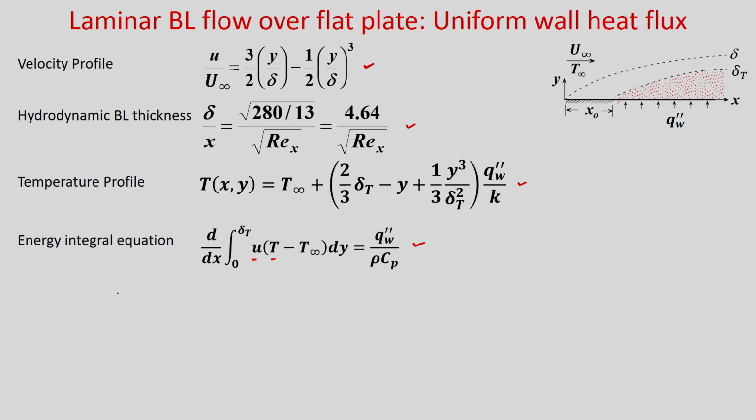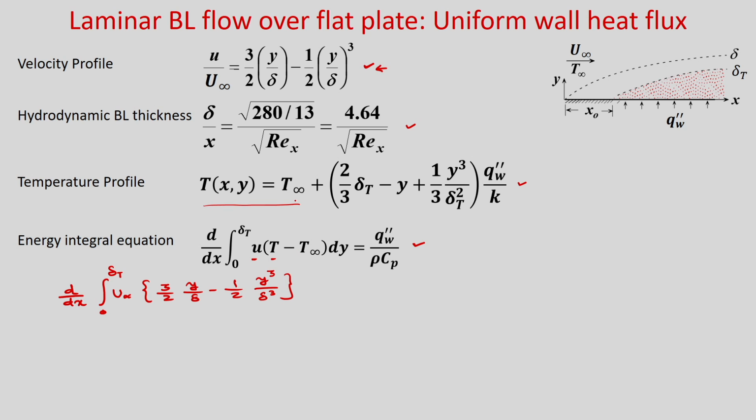So, you can write d/dx, integral from 0 to delta_t. So, this is your u expression, right. So, you can write u infinity times (3/2 y/delta minus 1/2 y cubed/delta cubed), then T minus T infinity.